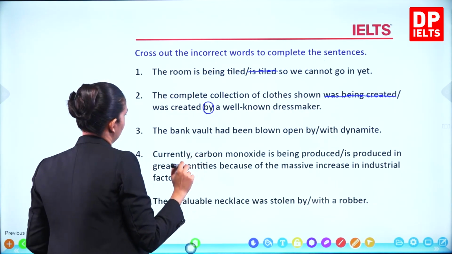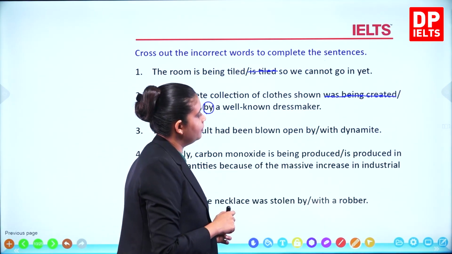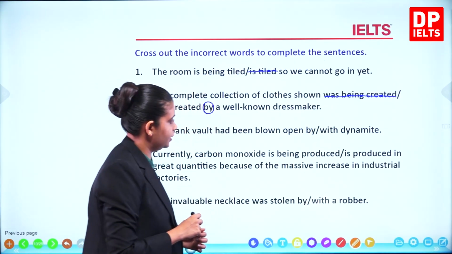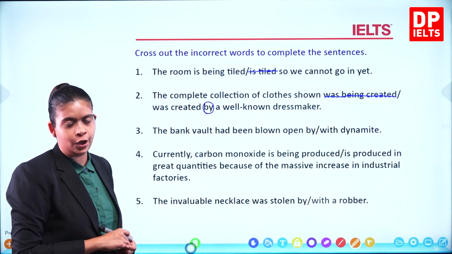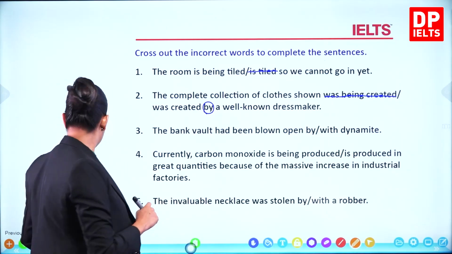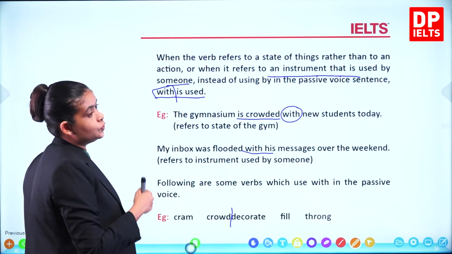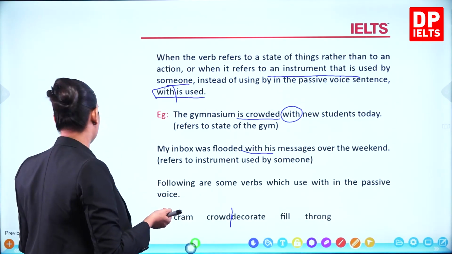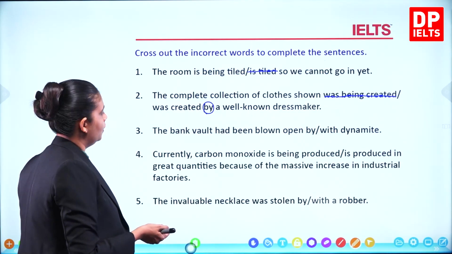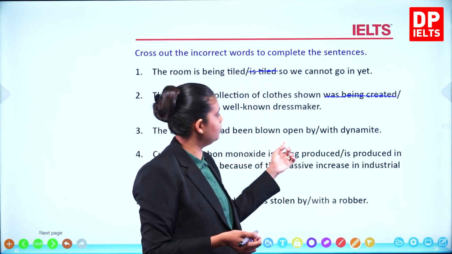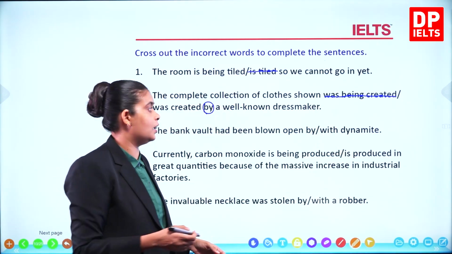Next one. The bank vault had been blown open with dynamite. If it was blown with something, okay, you know what was the rule here? If it is used with an instrument, then it should be with: the bank vault had been blown open with dynamite. So that's the correct one.